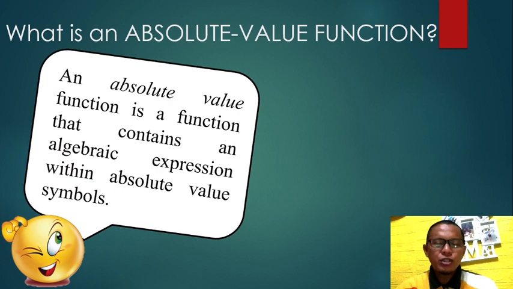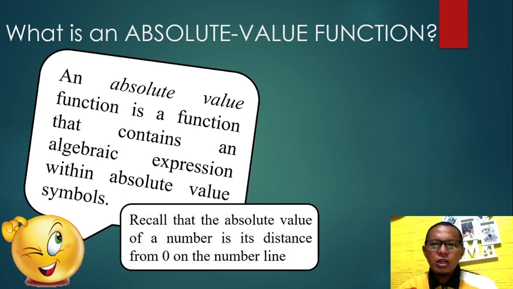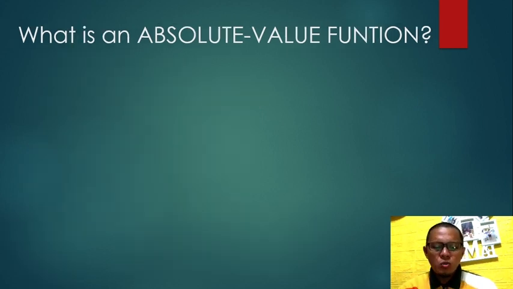An absolute value function is a function that contains an algebraic expression within absolute value symbols. So always remember that the absolute value of a number is its distance from 0 on the number line. Right? So what is an absolute value function again?